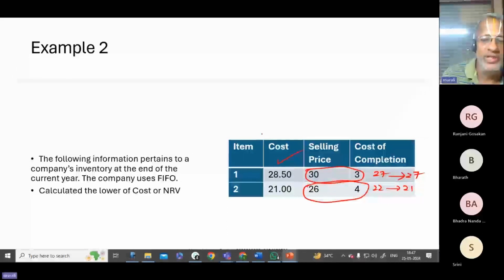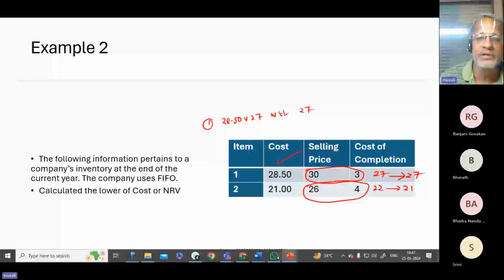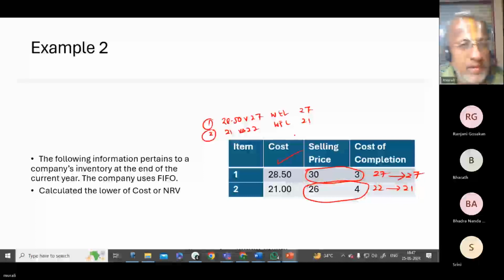So in the first case, it is 28.50 versus 27, whichever is lower, 27. In the second case, it is 21 versus 22, whichever is lower, so 21. Correct? Say yes or no. Are you clear? Yeah, clear.